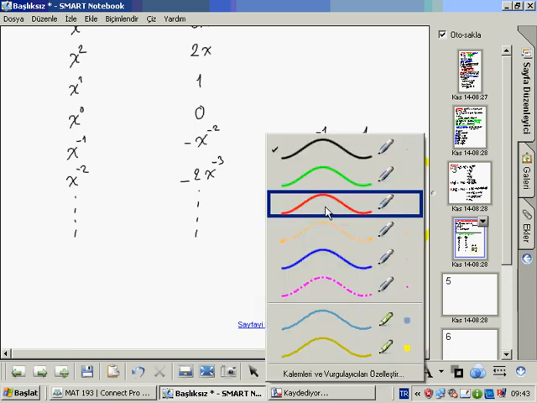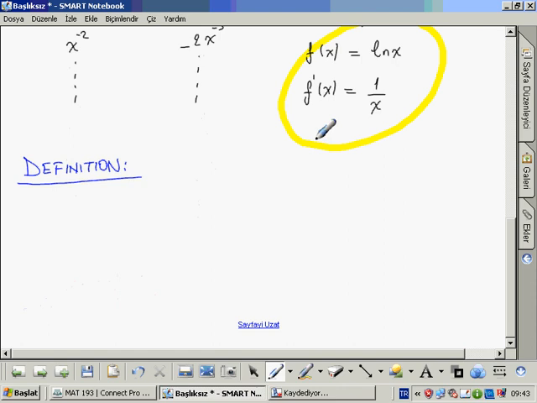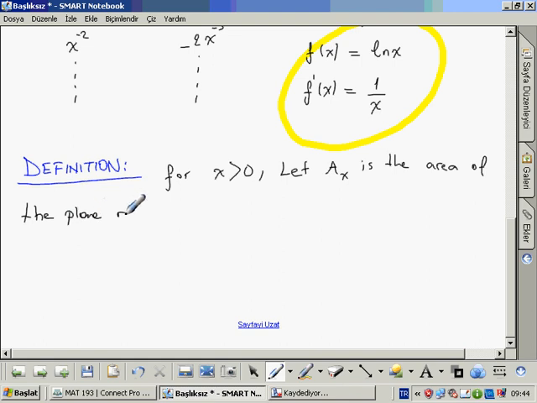And let me write the definition. For x larger than 0, let a sub x be the area of the plane region bounded by the curve y equals 1 over t.